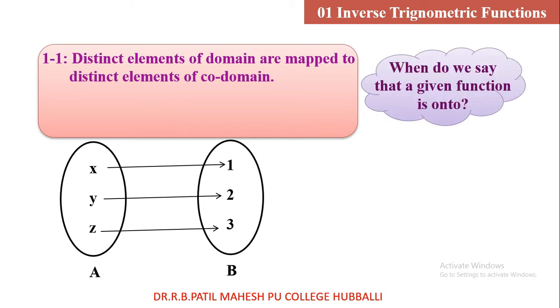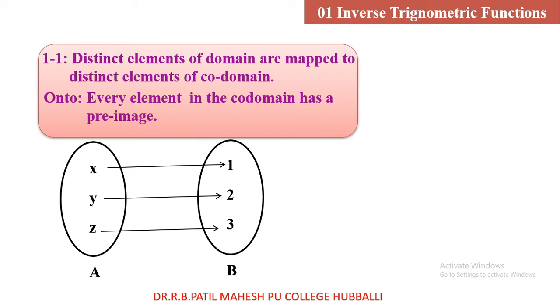When do we say that a given function is onto? That is also a question. When we say that a function is onto, recall the onto definition. Every element in the codomain has a pre-image. Every element in the codomain should have a pre-image, or in other words, codomain is equal to range of the function. Hope you are understanding and recalling.